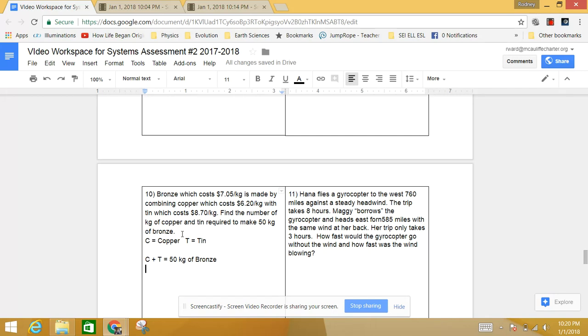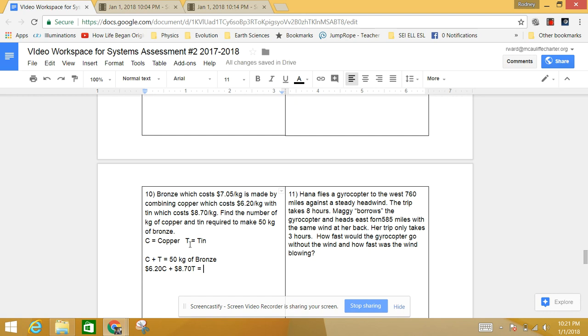Now the second equation, part of it will be very obvious. There's a price per kilogram for copper, so 6.20 times copper, and a price per kilogram for tin, so that's two rates here. So two rates, that'll lead us to very likely a standard form equation, and that's going to equal something.